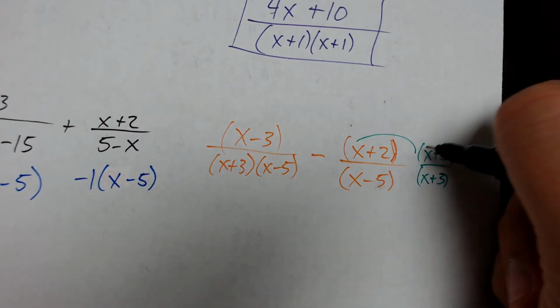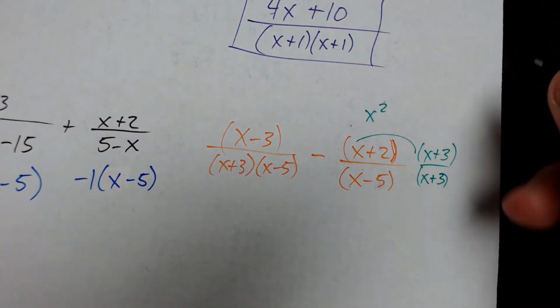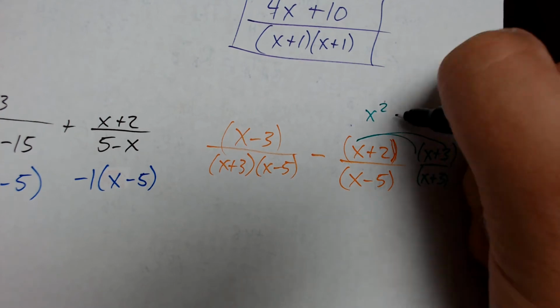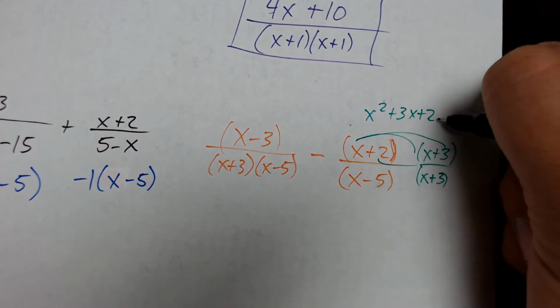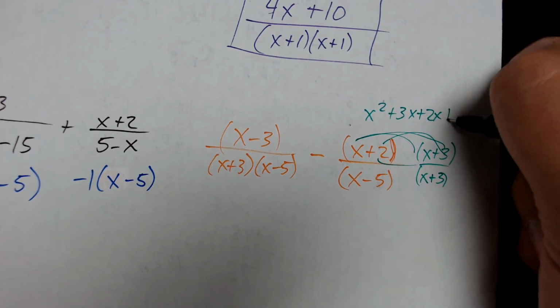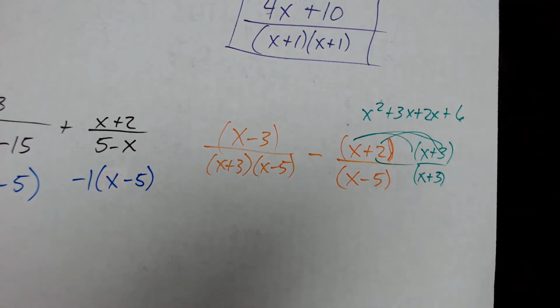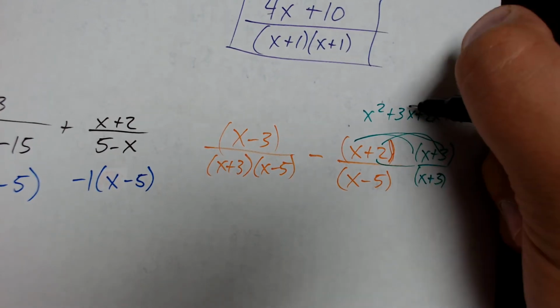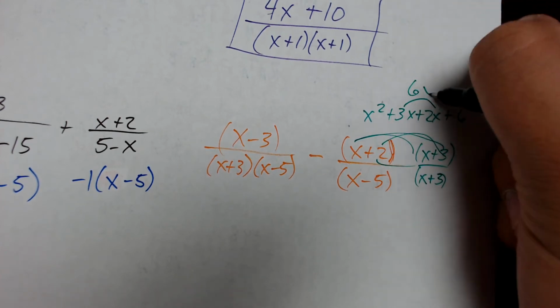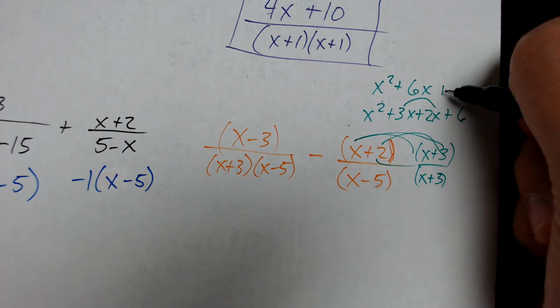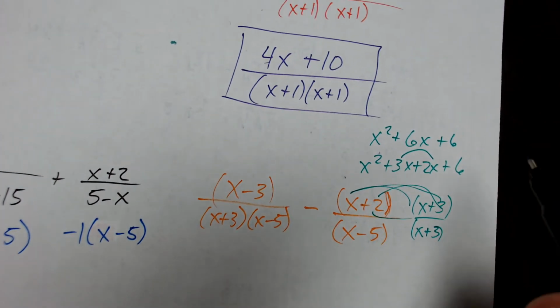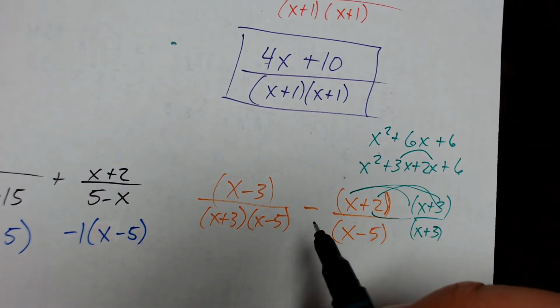So when we do x and x, we get x squared. X and plus 3 gives me plus 3x. 2 and x gives me plus 2x. And then 2 and 3 gives me plus 6. I will combine these terms, so that becomes 6x. So now I have x squared plus 6x plus 6, but in front of this numerator I have this negative.